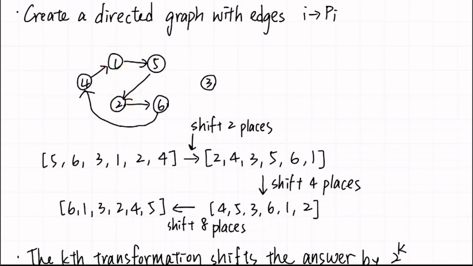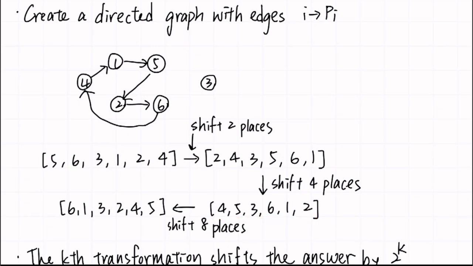And afterwards, the second location becomes 4 after the first transformation, which also shifts by 2. And so we notice that after the first transformation, each of the p values shifts by 2 locations on the graph. So let's look at the second transformation.